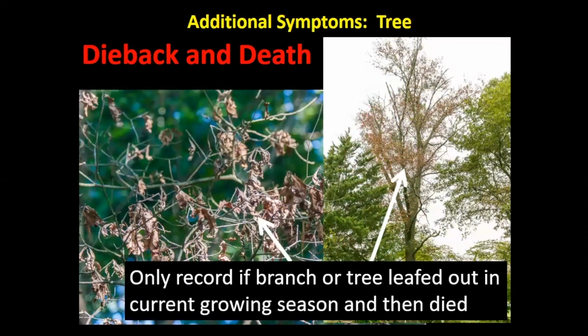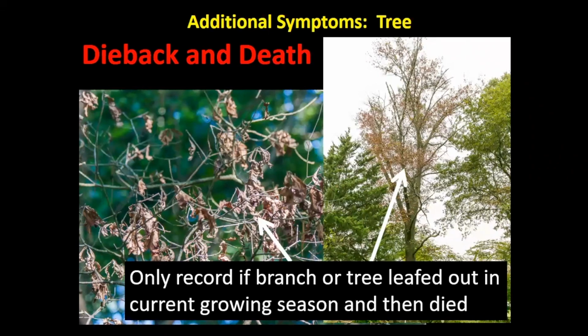Now, we only record dieback and death if the branch leafed out and then the leaves died during the current growing season, or the whole tree leafed out and then died or is dying in the current growing season. If you see branches that have no leaves, or you see a tree that has no leaves on it, those are not examples of death or dieback as we're defining them here for additional symptoms.